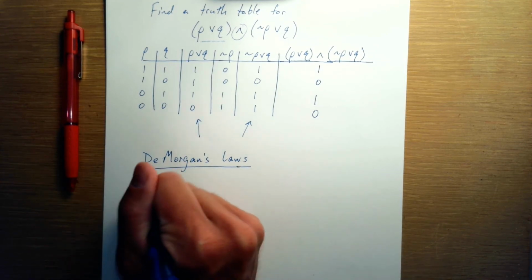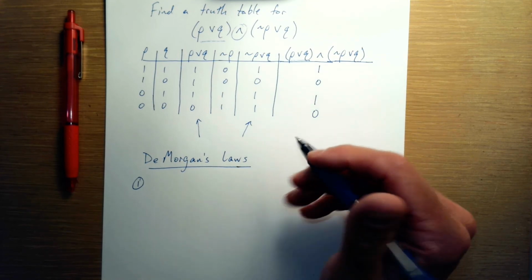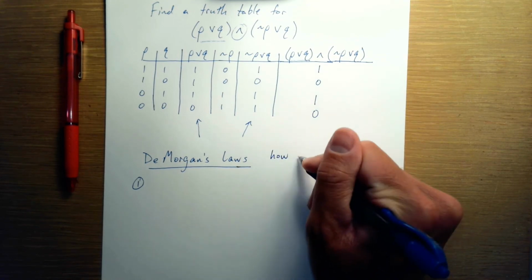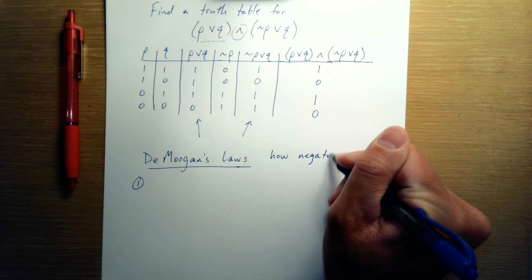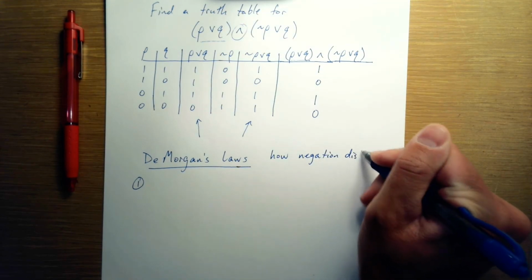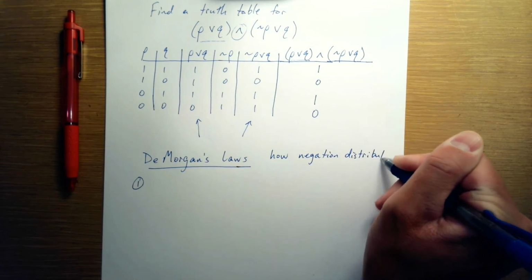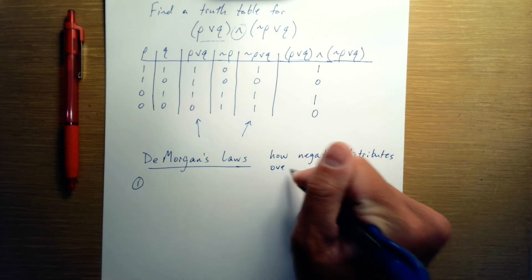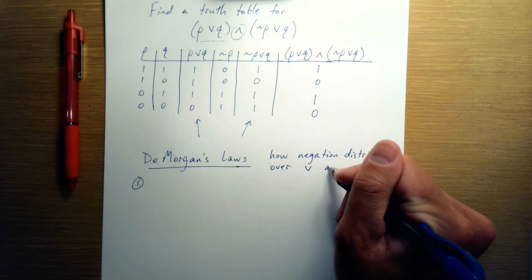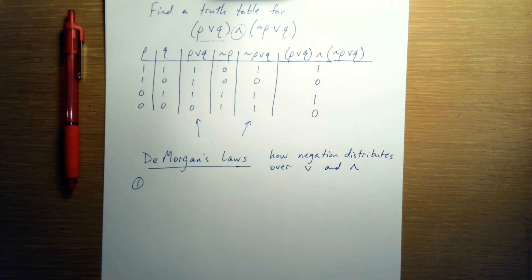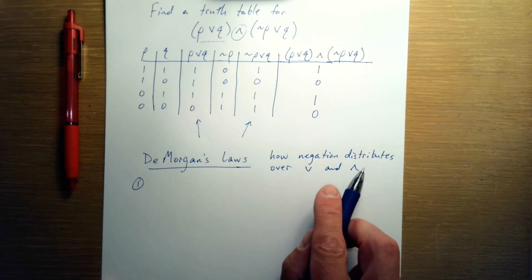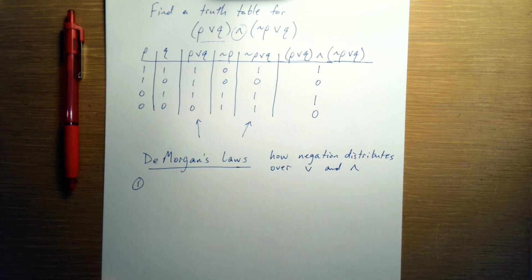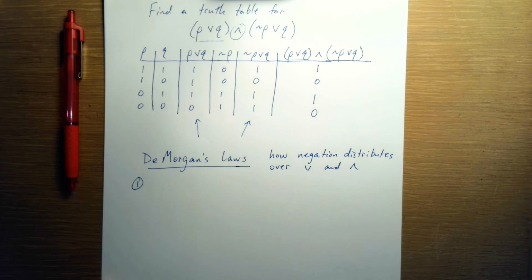So De Morgan's laws, they tell us how negation, we'll say, distributes over the OR operator and the AND operator. And there's one law for each one. There's De Morgan's law 1, De Morgan's law 2. So distribute means just the same as how we distribute like addition over multiplication or multiplication over addition.